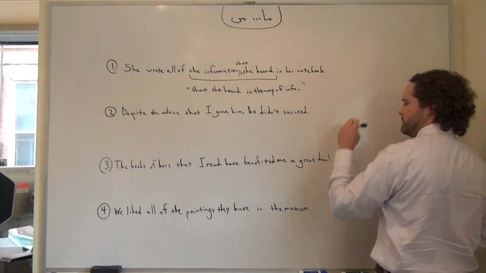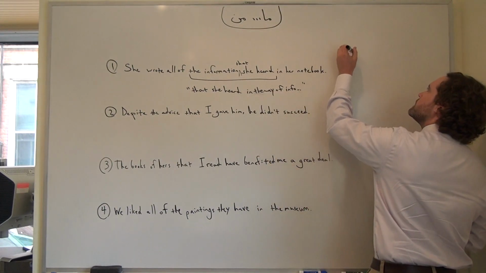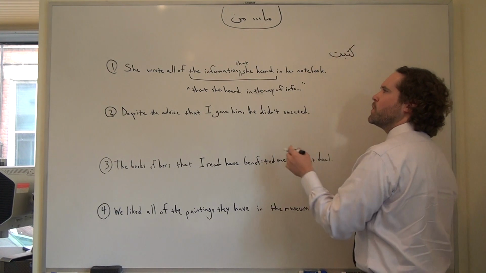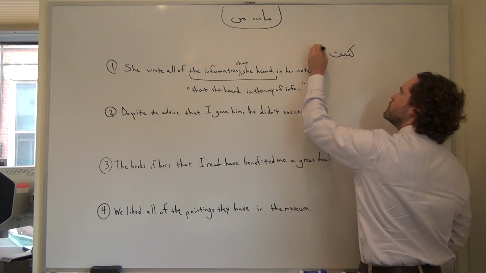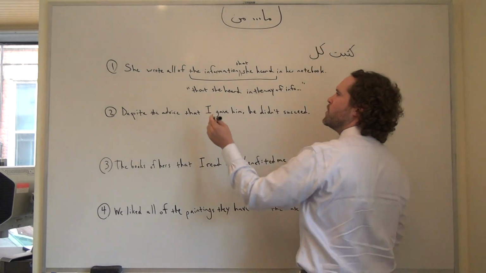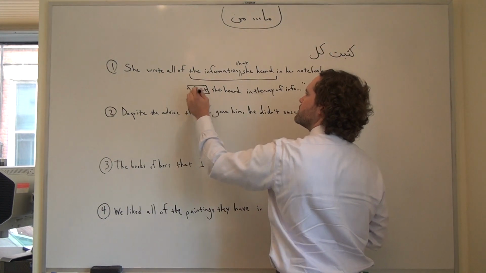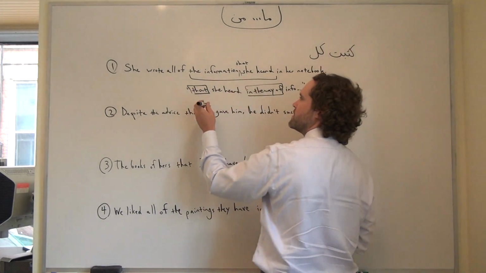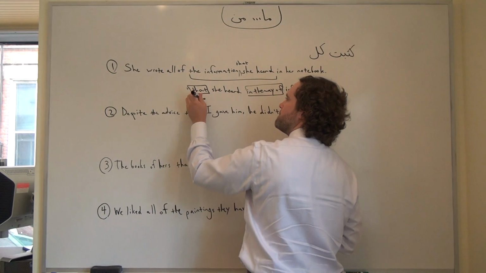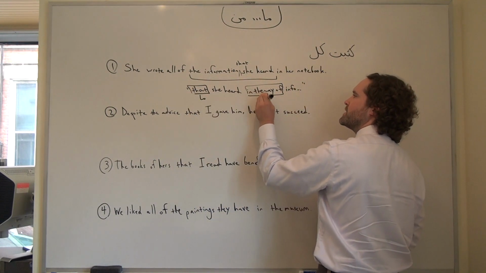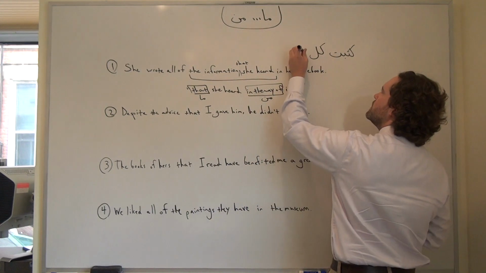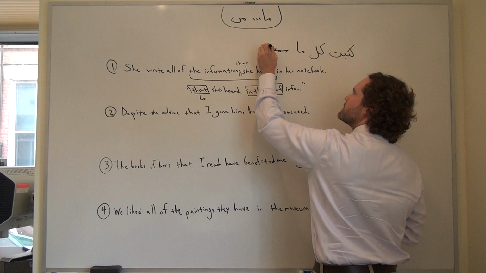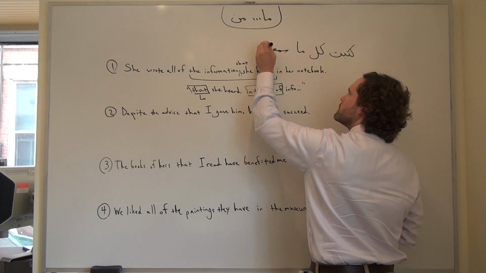So she wrote, katabat, all of, no trouble so far, all that she heard in the way of information. So the "that" is going to be our ma, and the "in the way of" is going to be represented by min. كل ما سمعته.